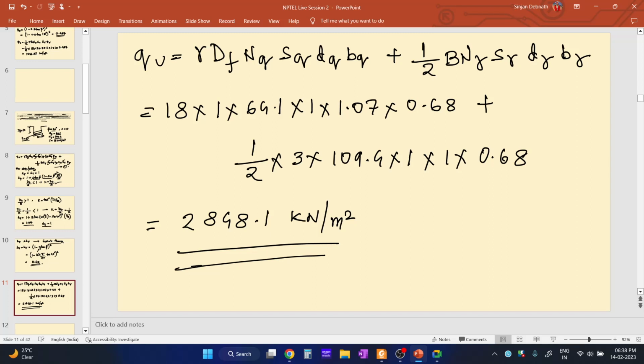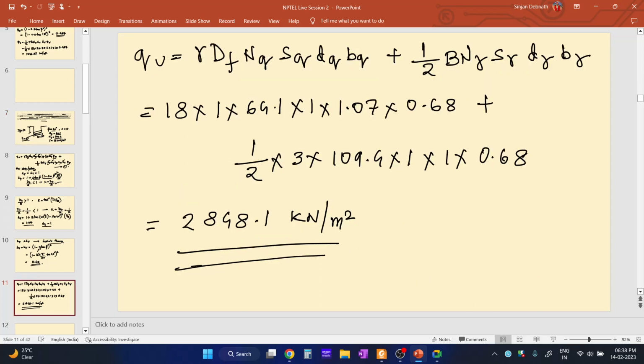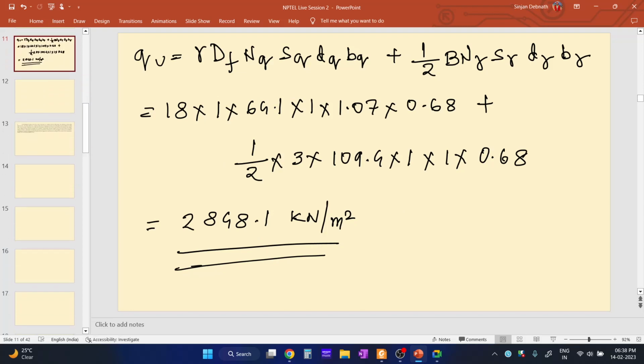Guys, if you have any doubts, please tell me, or else I will proceed to the next problem. Okay, so everything is clear in this problem. So let's go to the third problem.